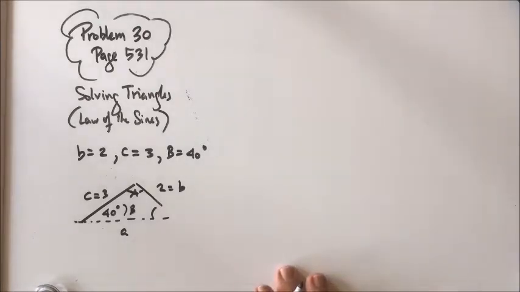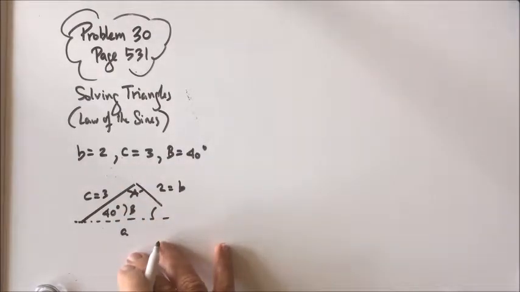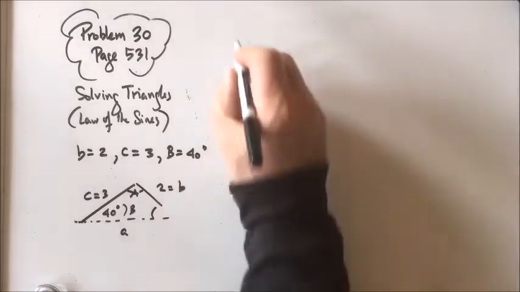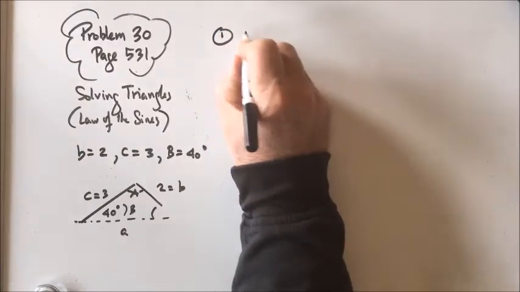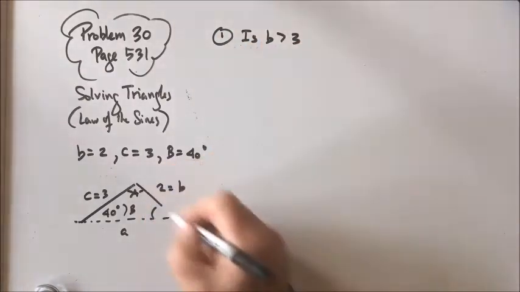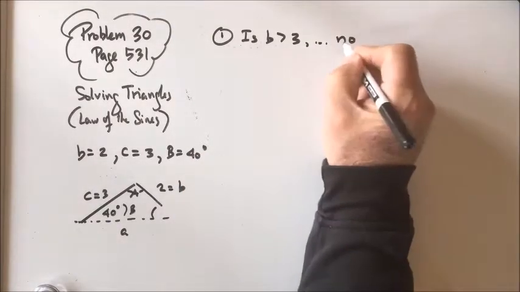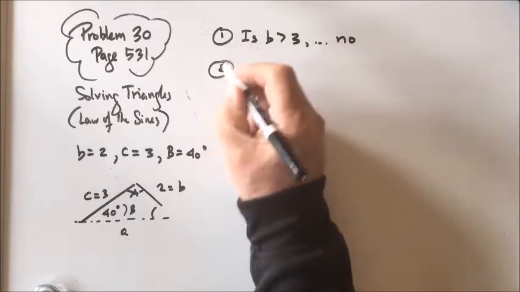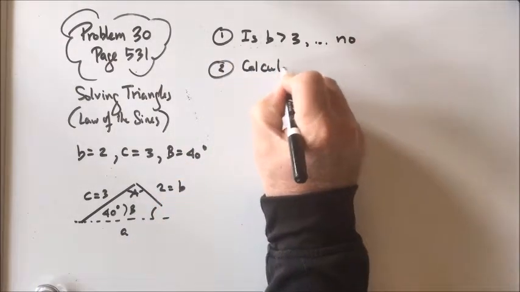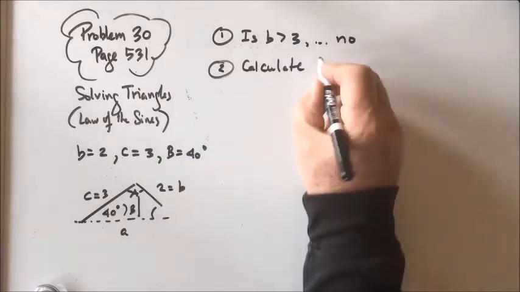Let's remember that the very first thing we have to do is ask the question: is b greater than c? Because if it is, there's only one triangle, and the answer is no. Okay, well, let's go further. Let's calculate h, where h is this dimension right here.